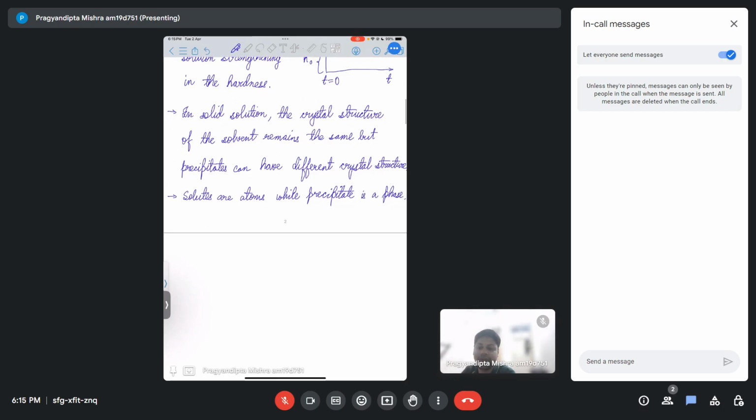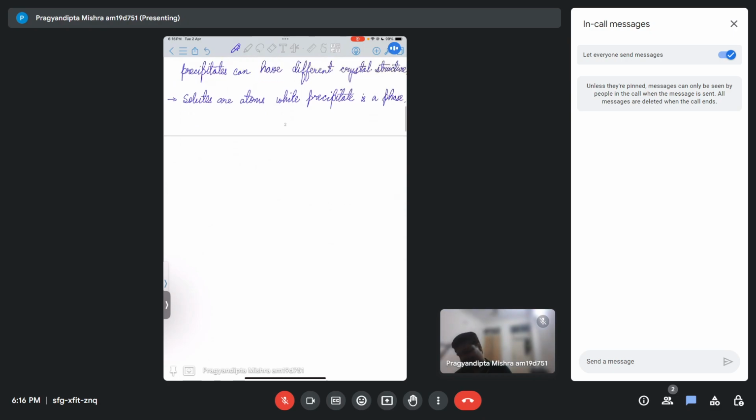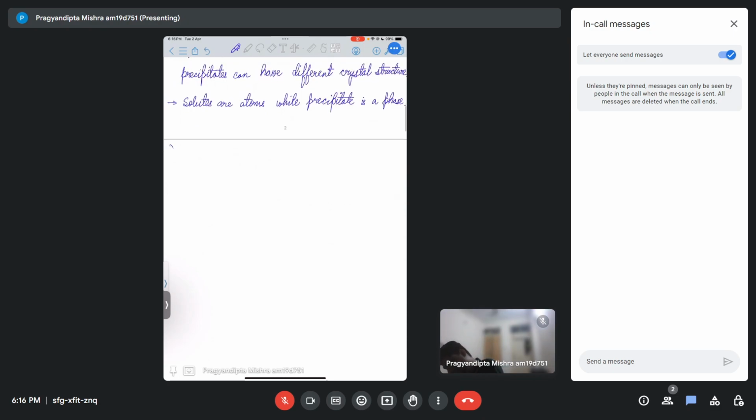Now let's understand how a difference in solute concentration will cause an effect in the strengthening of any alloy system. How changes in the solute concentration will cause a change in the strengthening behavior. Effect of solute concentration.